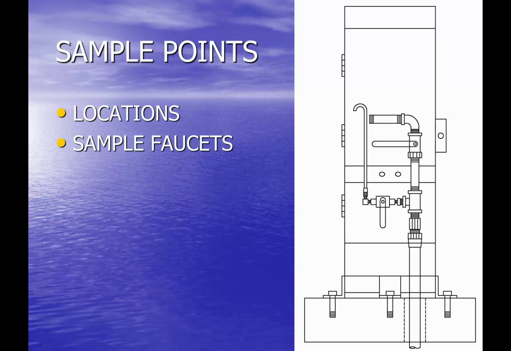The sample faucet itself: old school, a lot of sampling was done inside homes. You'd go to a customer's house to get your sample. Most larger systems now are going to have dedicated sampling points or sample faucets. You have them under your control.